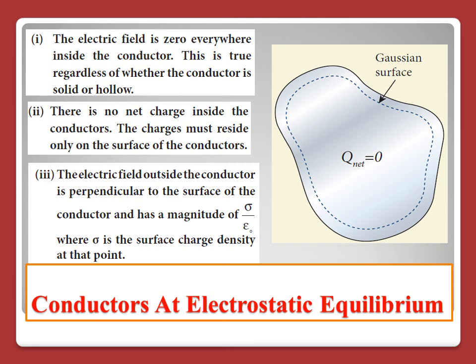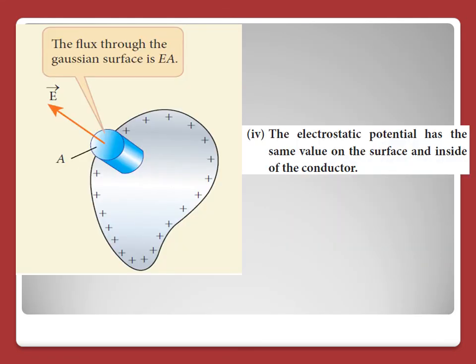The charges must reside only on the surface of the conductor. The third point, the electric field outside the conductor is perpendicular to the surface of the conductor and has a magnitude of sigma by epsilon naught, where sigma is the surface charge density at the point. And the last point, the electrostatic potential has the same value on the surface and inside the conductor.